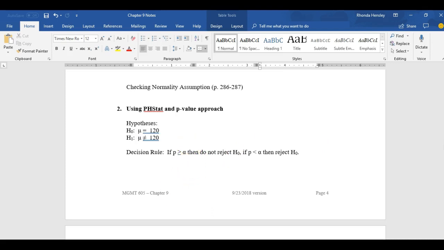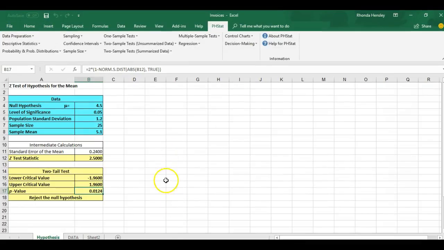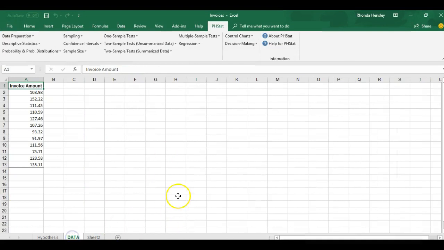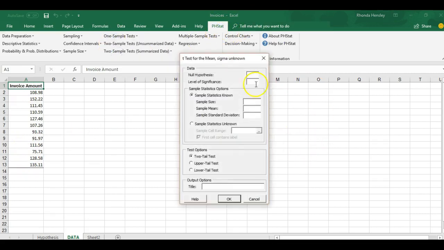So what we would do is go to PHStat, and I already opened up the file invoices. It should be on your disk, so you can open that up. You can see we have 12 invoices that we sampled, and we're going to go to PHStat, one sample test. This is a t-test, and our null hypothesis was that they were spending an average of 120.